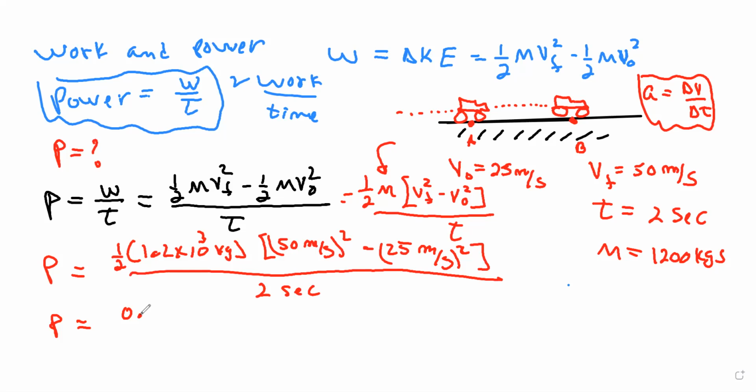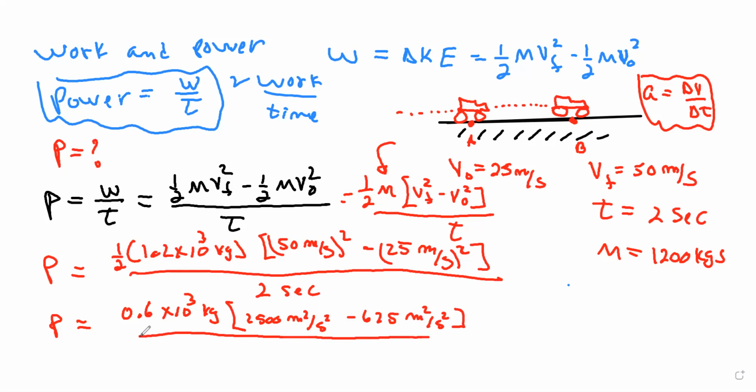It's going to be 1.2 divided by 2, which is 0.6 times 10 to the third power kilograms. And then here you have 2500 meters squared over second squared minus 625 meters squared over second squared. And all this has to be divided by 2 seconds.